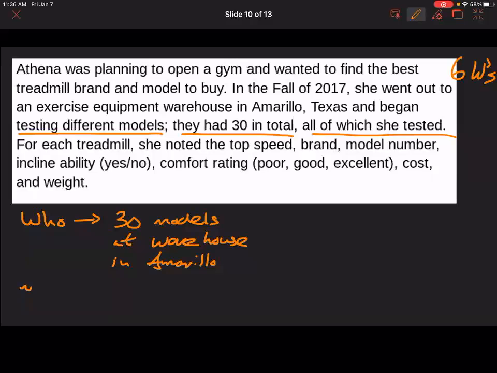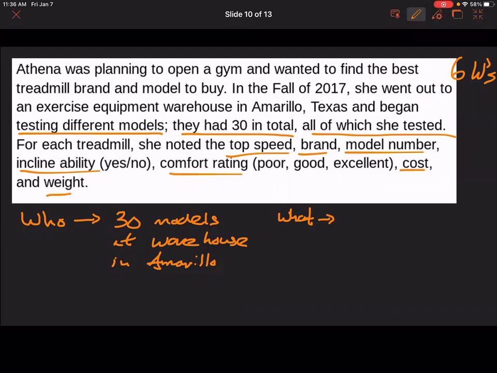Then, let's come back to what, actually let's try to squeeze it over here just because we need a lot of room for this one. Because what, if you remember, is just the list of all the variables. It's what information are we collecting on our who? What information is she collecting about those treadmills? It says top speed, brand, model number, inclinability, comfort rating, cost, and weight.